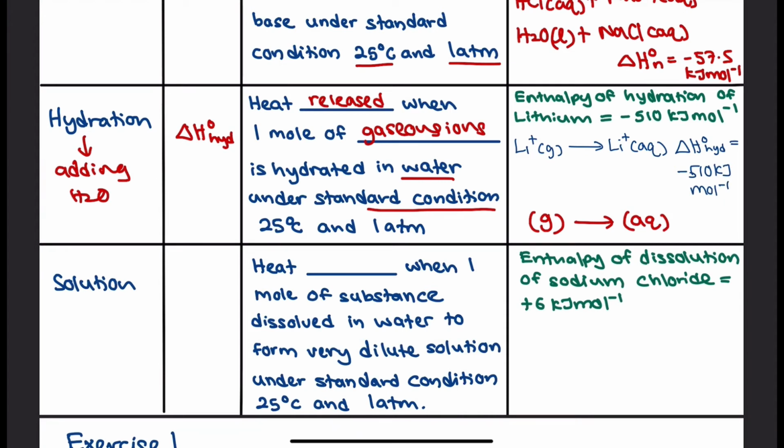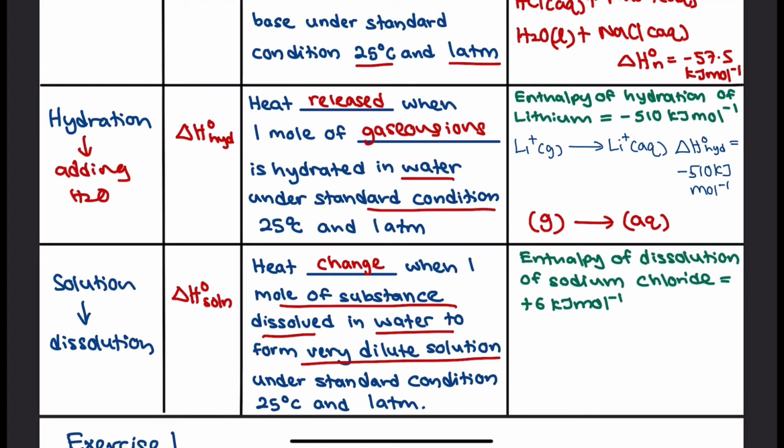Finally, let's look into enthalpy of solution. Enthalpy of solution is also known as enthalpy of dissolution, and the symbol for this would be delta H naught SOLN. The definition of enthalpy of solution would be heat change, which means heat can be either absorbed or released when 1 mole of substance is dissolved in water to form a very dilute solution under the standard conditions mentioned.